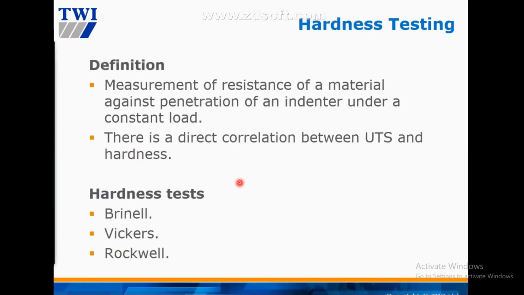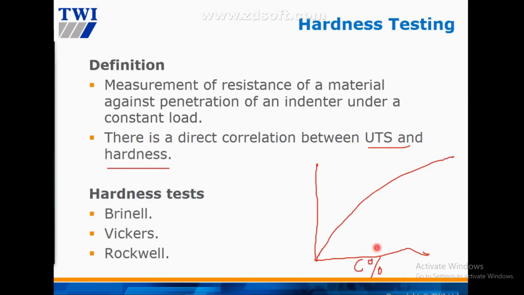All right, we look at hardness test. Hardness test is the measurement of resistance of a material against penetration of an indenter under constant load. There is a direct correlation between UTS and hardness. Here we can refer to an example stress-strain curve, where we refer to percentage of carbon equivalent or percentage of carbon.